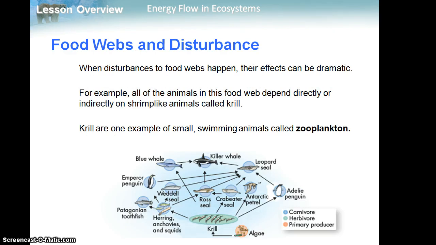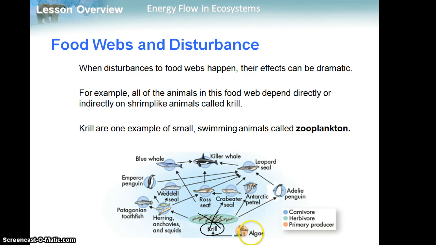If there's a disturbance in the food web, it could have a very dramatic effect on everything else that is in that habitat. So, for example, if all the animals in this food web depend directly or indirectly on shrimp-like animals called krill, which are down here, and we kill off the krill, that is going to affect the rest of our food web.